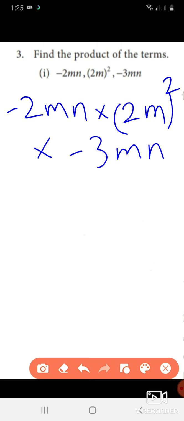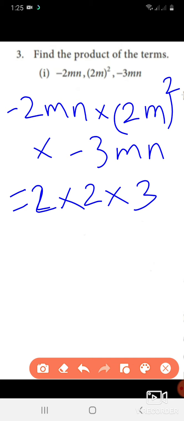First we have to check the sign: minus, minus, and the center one is plus. You don't need to check that, since it is in square, so you always get plus. Minus into minus gives plus, and multiply the products. So your answer is 2 into 3. I am just multiplying the numbers.